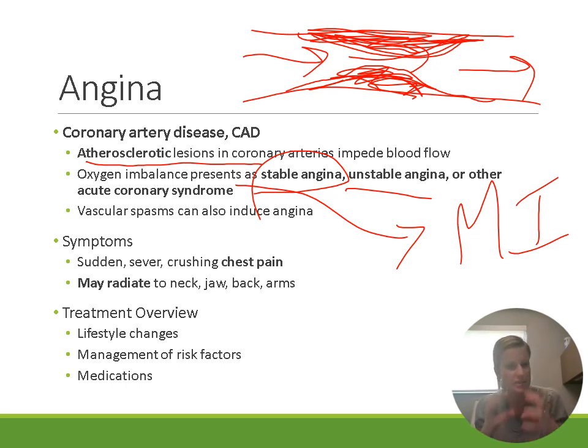Is there actual damage in their heart, or are they just experiencing pain from not enough blood flow? We would look for things like troponin. Is there troponin present? Or creatine kinase. If we see troponin or creatine kinase elevated, that tells us this is not just unstable angina. This is not just chest pain. There's an actual MI occurring. There's actual cell death occurring in this person's heart.